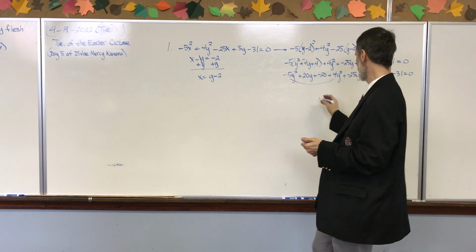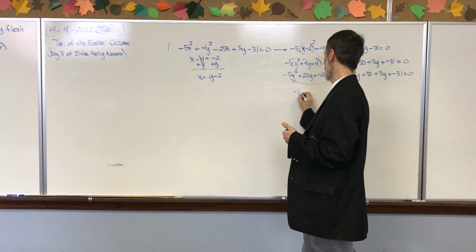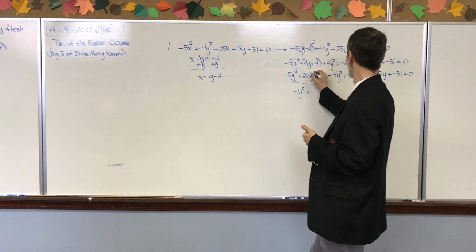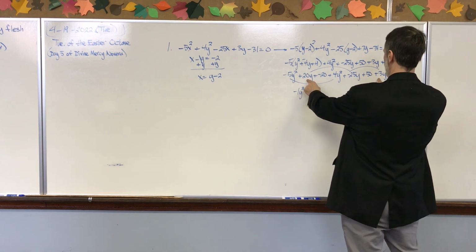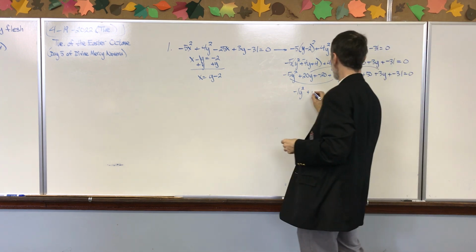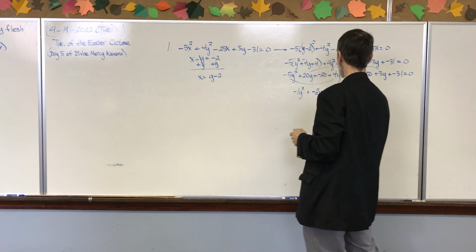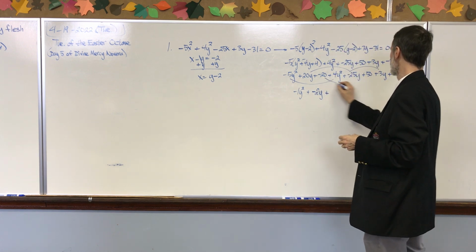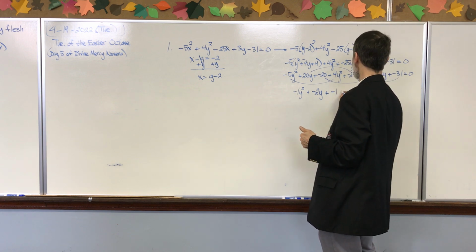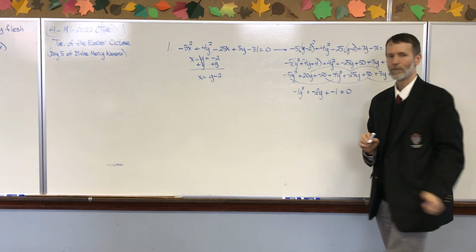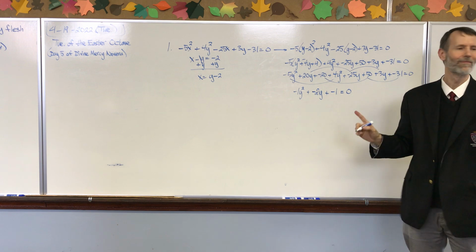Negative 5y squared plus 4y squared is negative 1y squared. So 20 minus 25 plus 3, that would be negative 2y. Plus negative 20 plus 50 is 30, minus 31 is negative 1, equals 0.